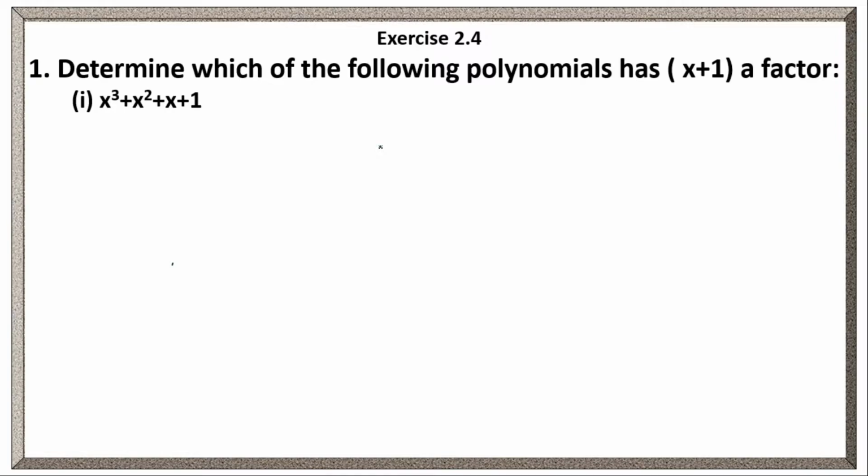Now, to check whether the given divisor is a factor of a polynomial, first we should find the remainder. If the remainder is equal to 0, then we can say the given divisor is a factor of the given polynomial.